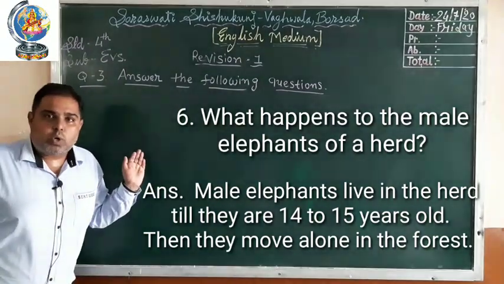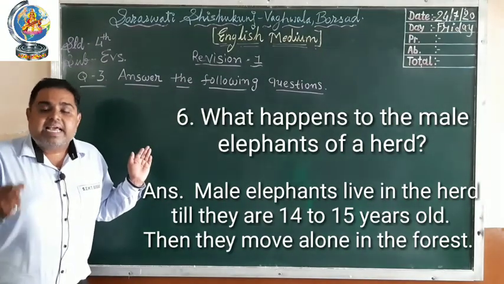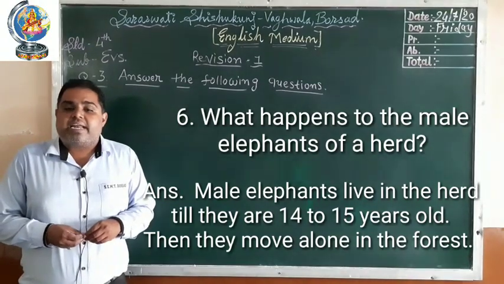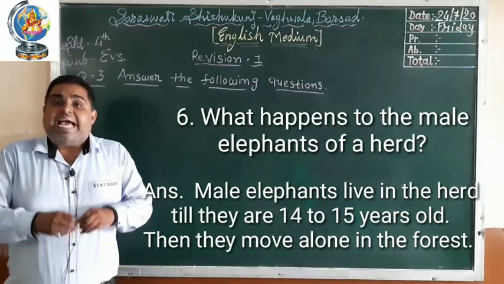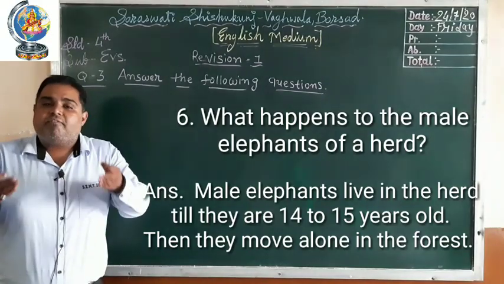How many years old? So male animals live in the herd till they grow up to 14 or 15 years of old. Then they roam alone in the forest.